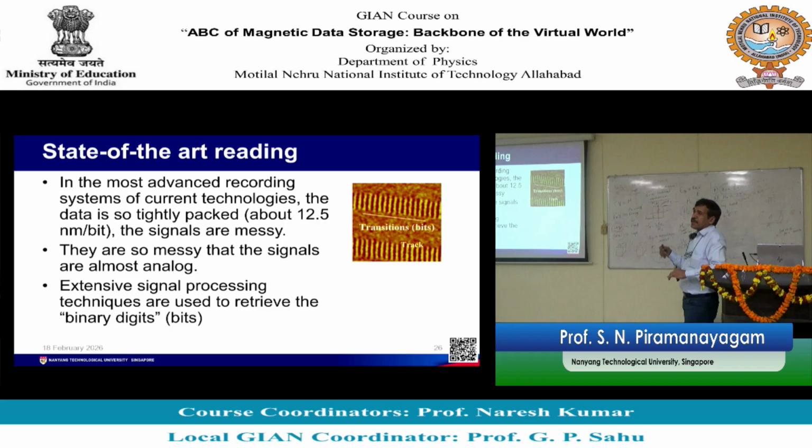So people use a lot of signal processing techniques to convert the analog information to some sort of digital information. There is a lot of signal processing going on to make meaning out of the noisy signals. These days researchers are even trying to use artificial intelligence to convert the noisy information into the correct information.